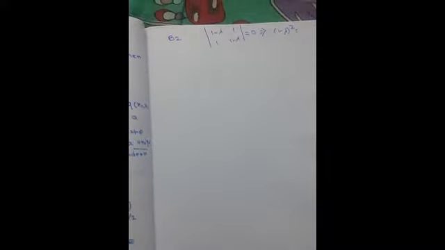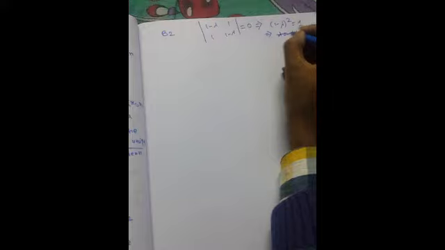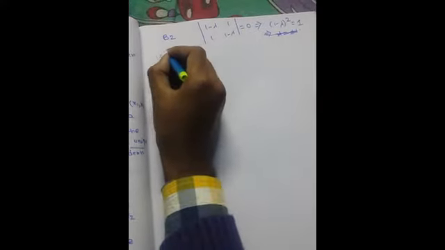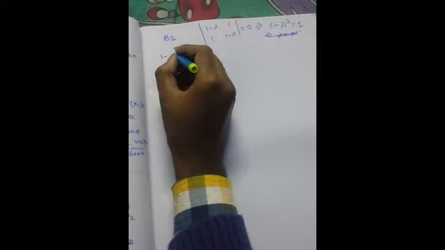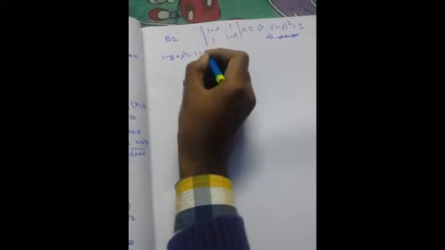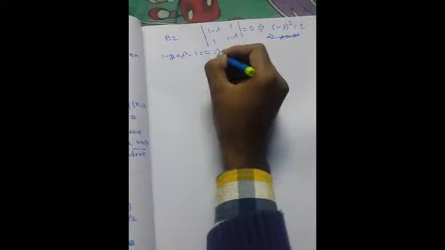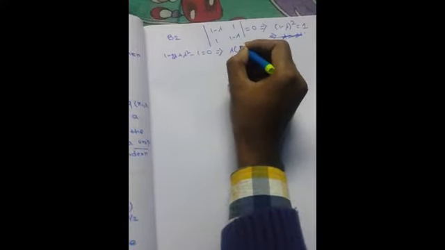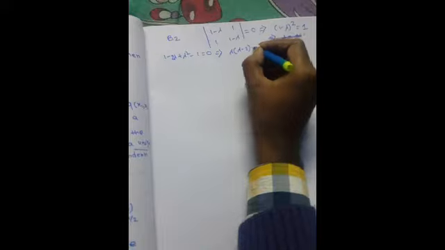So 1 minus 2 lambda plus lambda square minus 1 equal to 0. This implies lambda into (lambda minus 2) equal to 0.